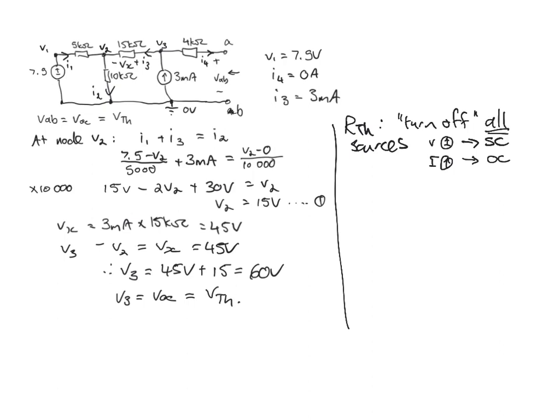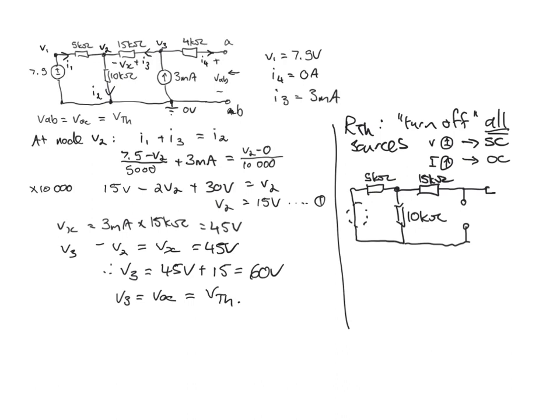So if we replace all the voltage sources with short circuits, then we end up with the 5 kilo ohm resistor and the 10 kilo ohm resistor. This is the short circuit where we've removed the voltage source, and then we've got the 15 kilo ohm resistor, and that current source we replace by an open circuit.